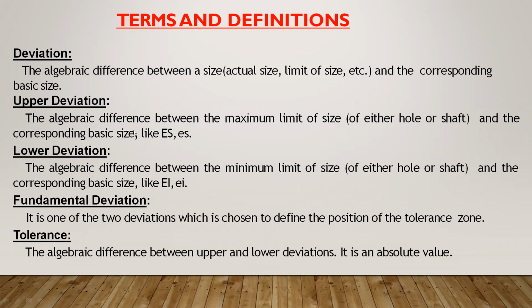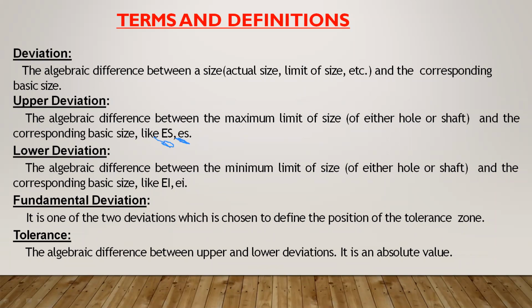For representing the holes, we are using capital letters, and for representing the shafts, we are using smaller letters. So that is the basic difference in the upper deviation of the shafts.